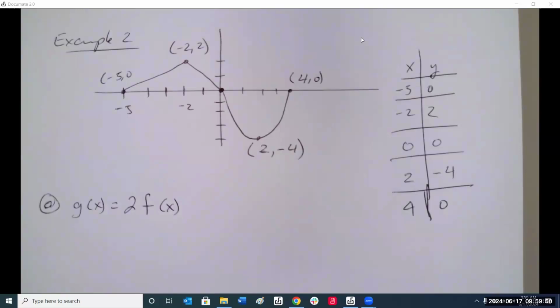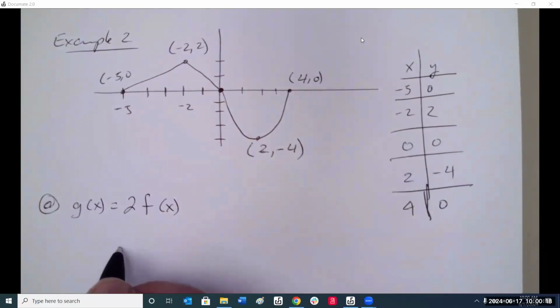What would the graph look like? So what is this telling me to do? Remember, if it's outside the function, what is it? It's vertical. So 2 times f of x.